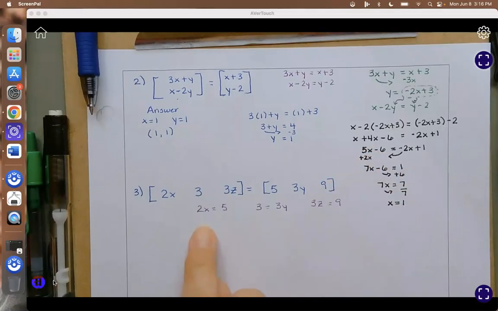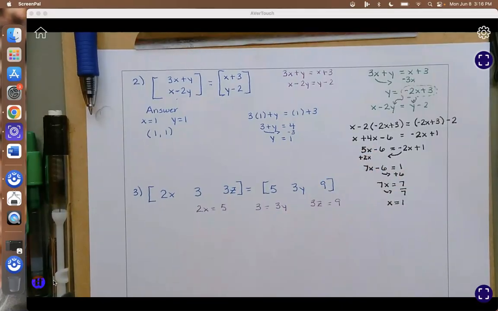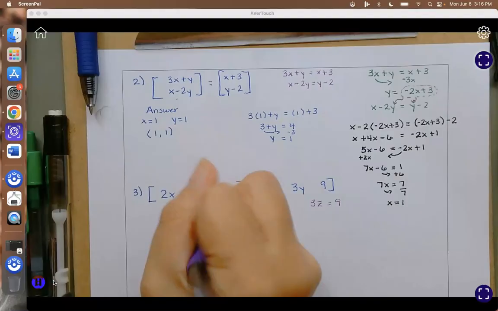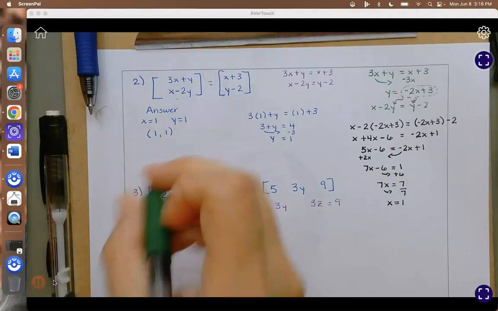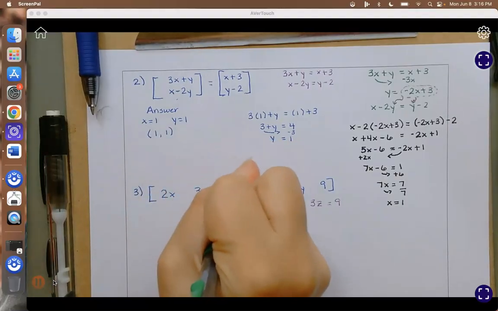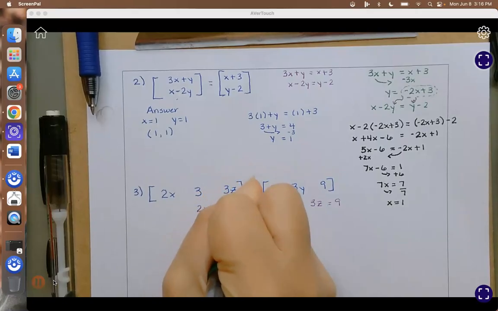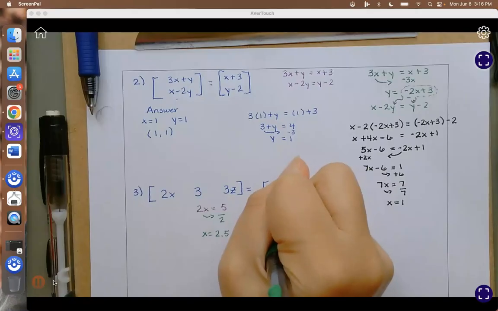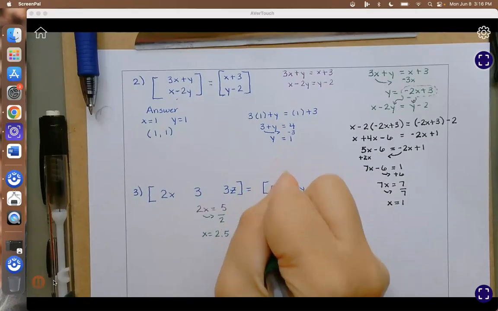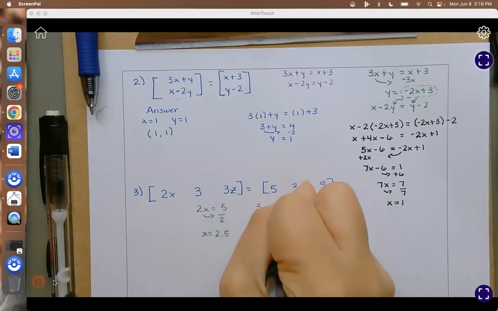And if you look at this, you can just solve these individually and find them. So x equals 2.5. y equals 1.